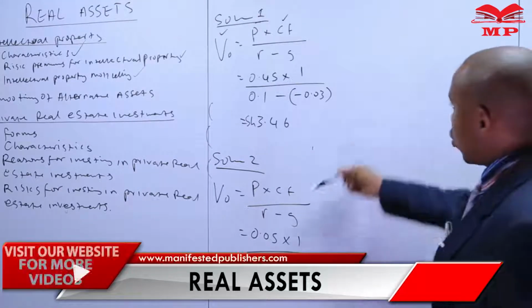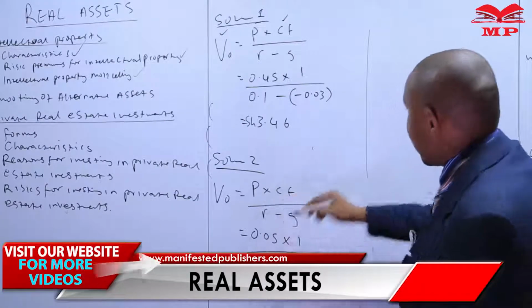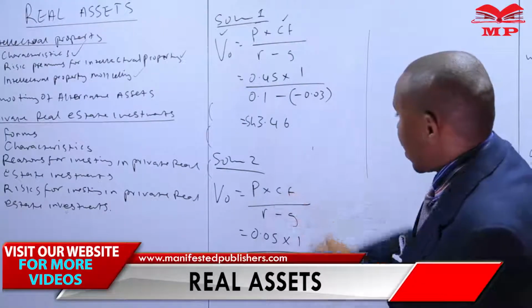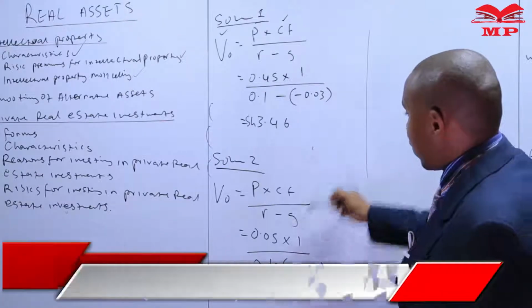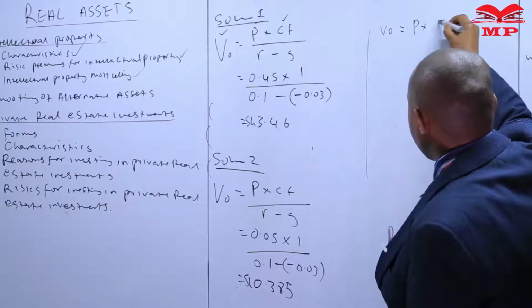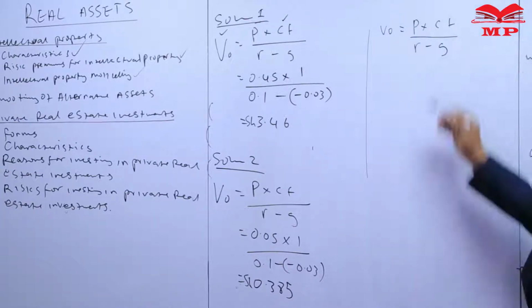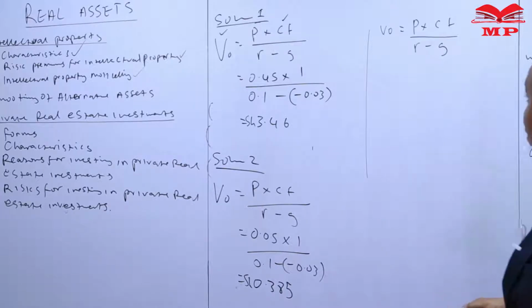Now, if you're told to calculate the required return, we can try and make R the subject of the formula. We already have V0 given as P times CF over R minus G. So we cross multiply to make R the subject of the formula, that is the required return.